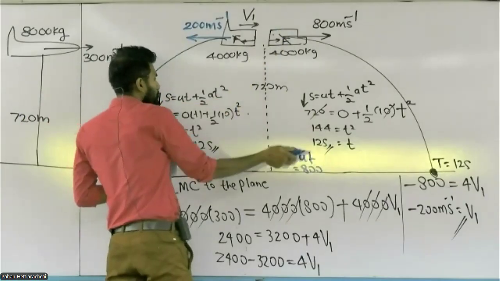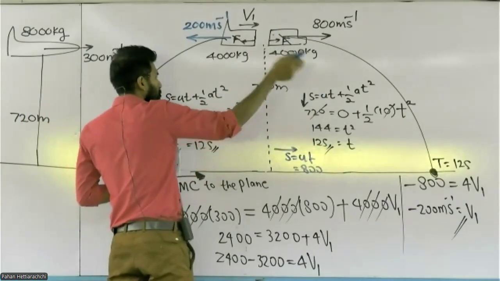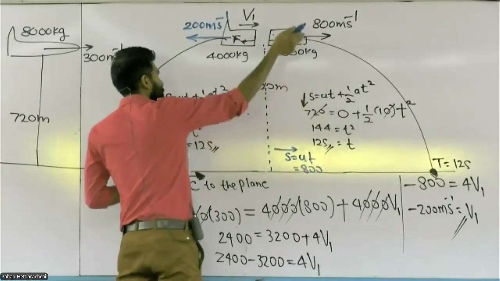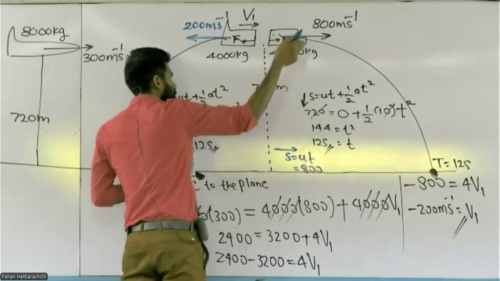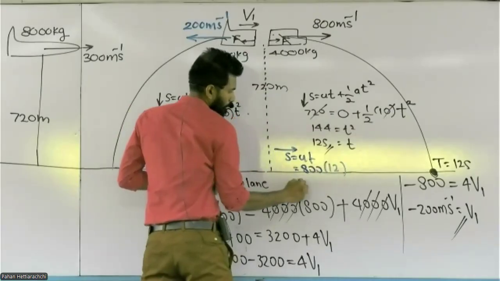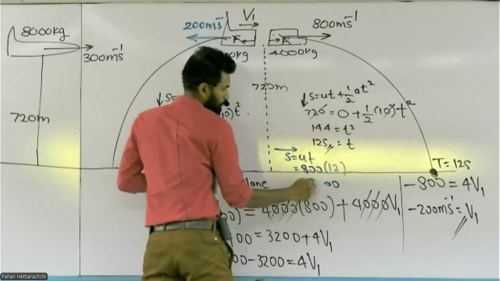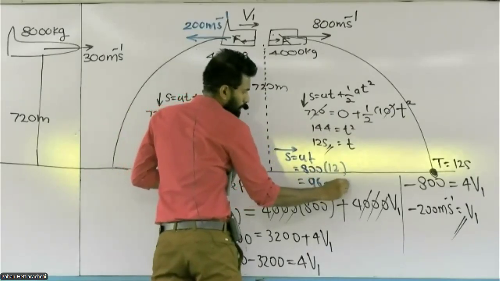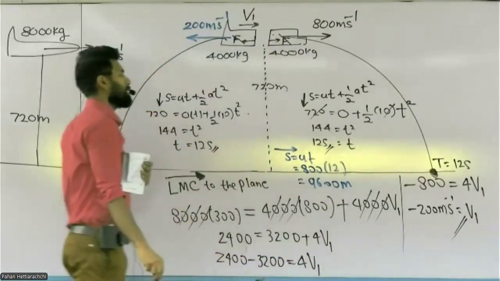Until it reaches the ground, it takes 12 seconds. Within this time, the 800 horizontal velocity will give the horizontal range, 800 into 12, which is 9,600 meters.